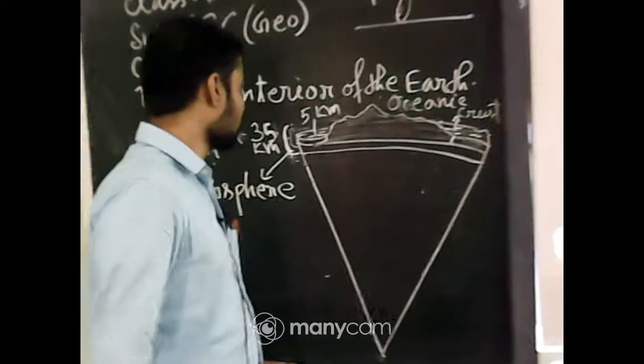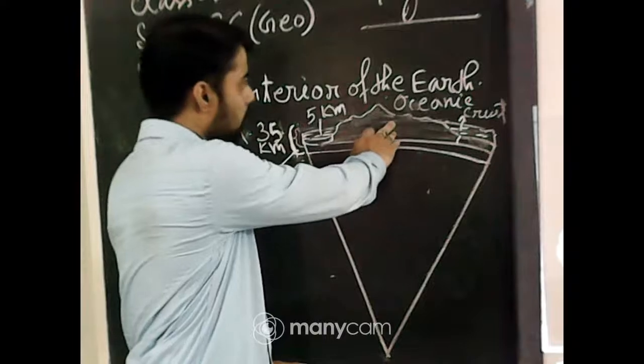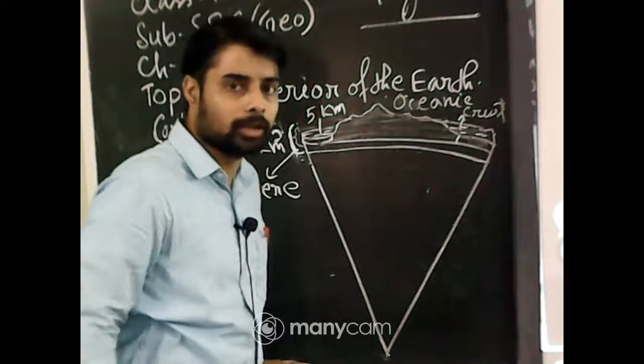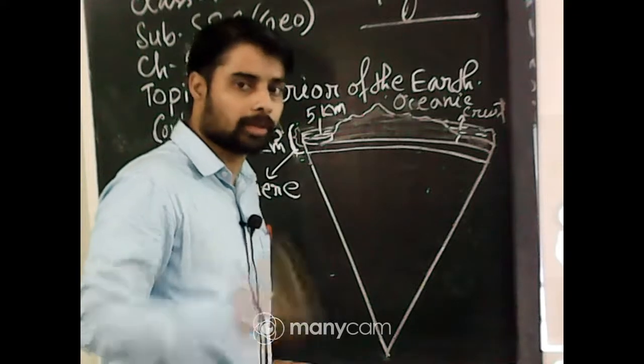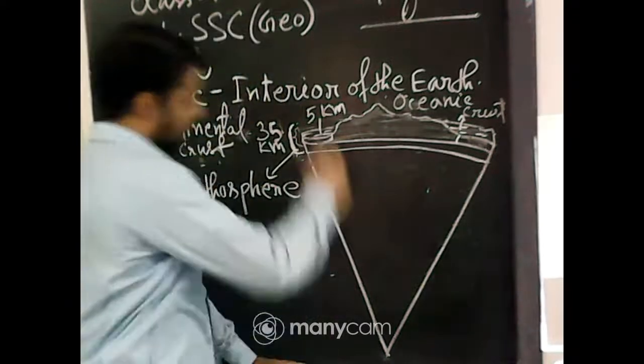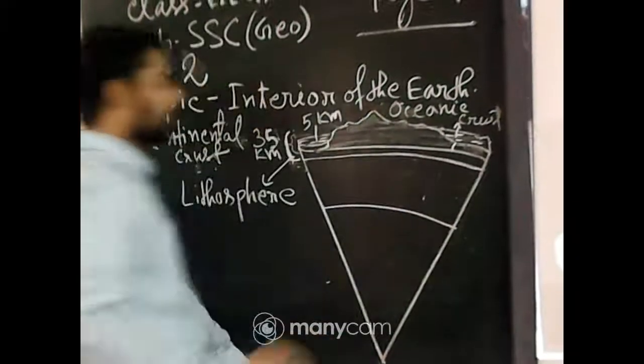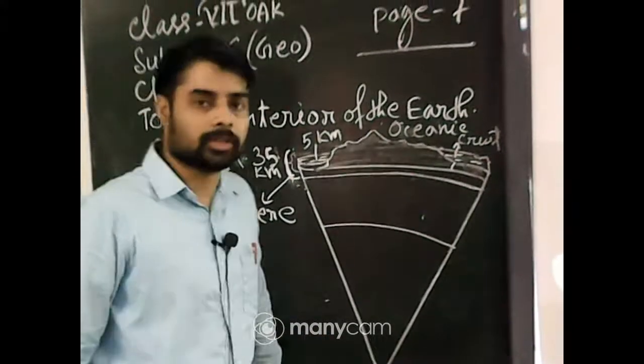Okay, let's continue with the lithosphere. So, this part is lithosphere. The crust and the uppermost part of the mantle together are called lithosphere. Remember this. And now the next layer of the earth is the mantle.